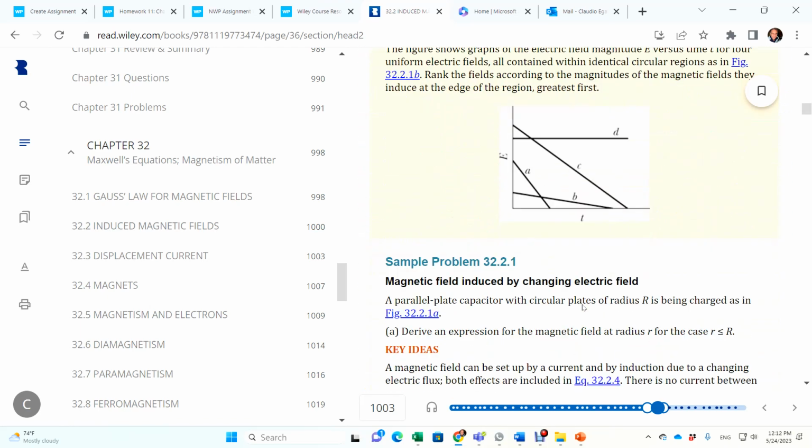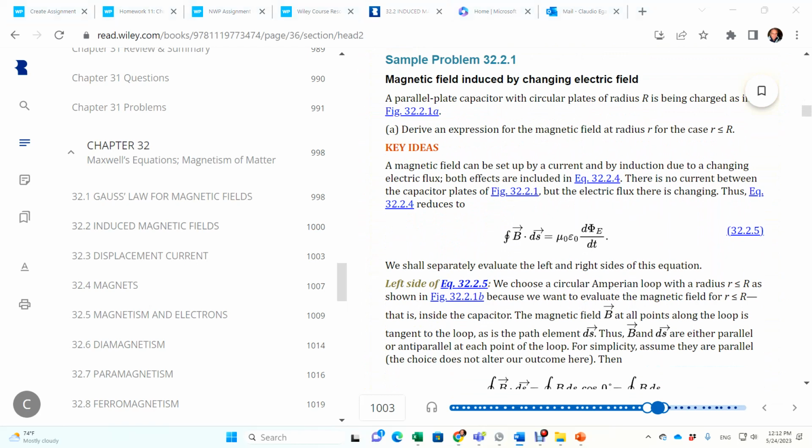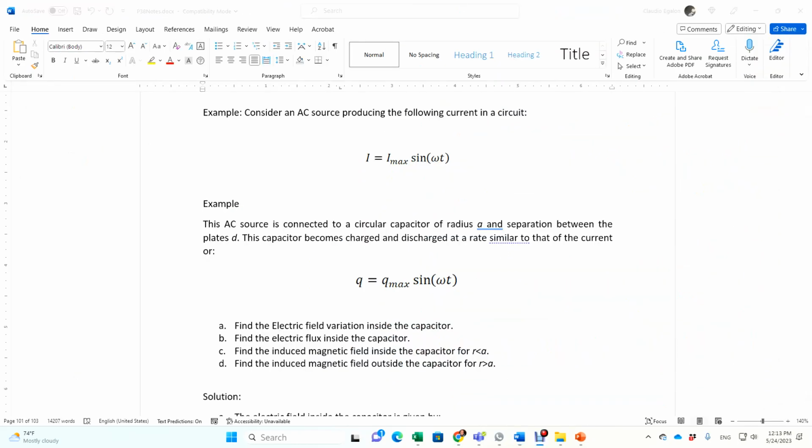So let's solve this problem. This is a very nice problem to solve, and I'm going to formulate it in a slightly different way than it's formulated in the book.